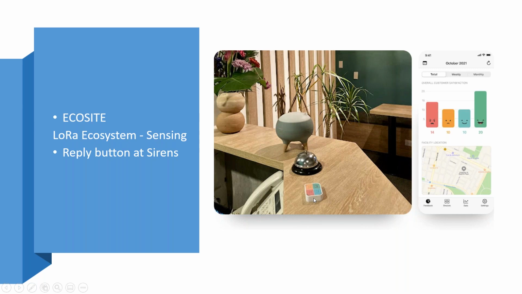When we have the sound of a siren, the first button, number 1, begins to flash, asking you, did you hear the siren sound? When you press number 1, you are saying to the operation center, hey, I heard that.